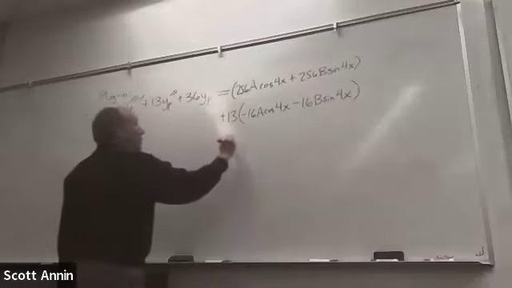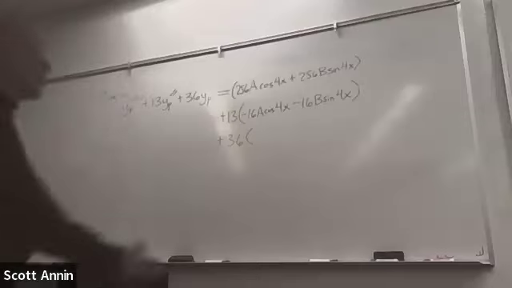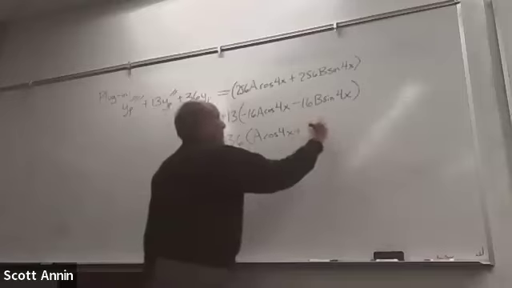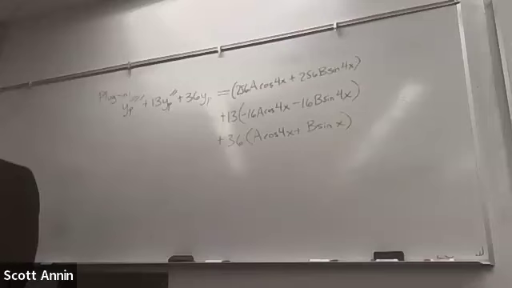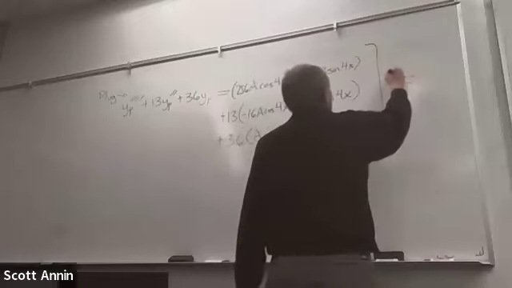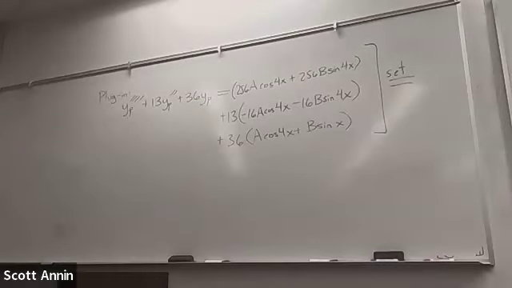And then finally, we add 36 times the original y sub p, which is a cosine of 4x plus b sine of 4x. All of this is supposed to be equal to whatever was on the right-hand side, sine of 4x.